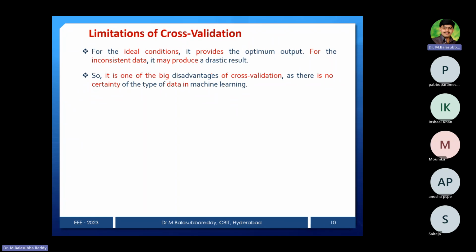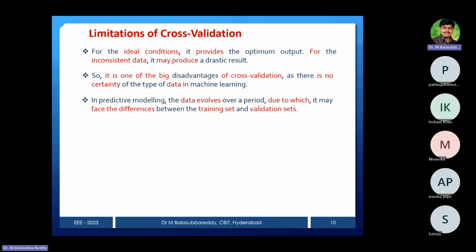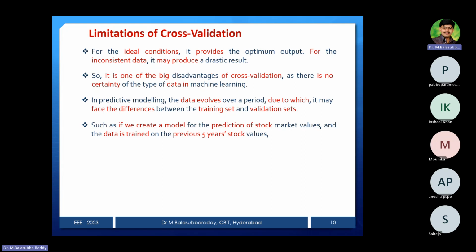One of the biggest disadvantages of cross validation is with this type of data in machine learning. In predictive modeling, data evolves over a period, due to which there may be a difference between the training data and the validation data set. If we create a model for stock market prediction, as I just mentioned, and your data is trained on the previous 5 years, the stock market may vary even within 1 hour.